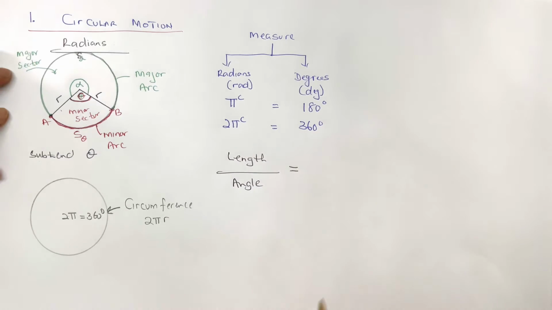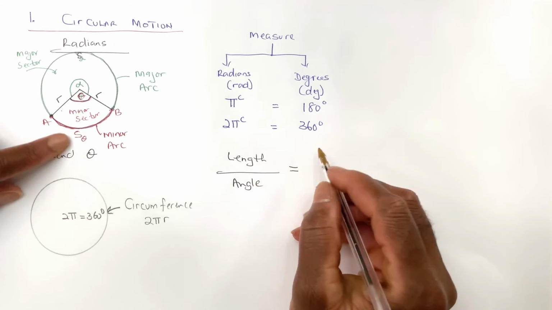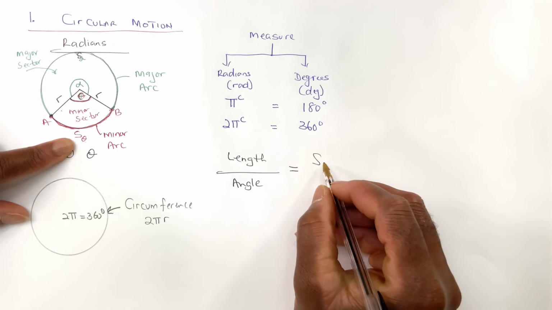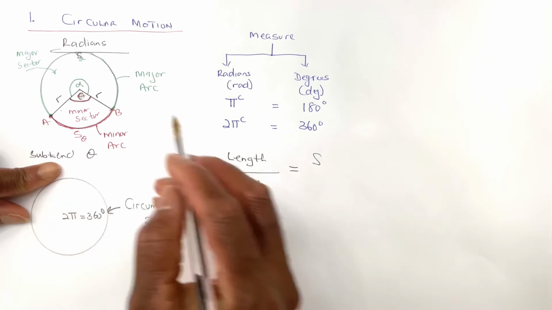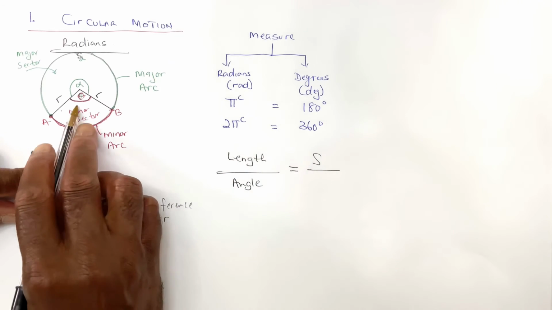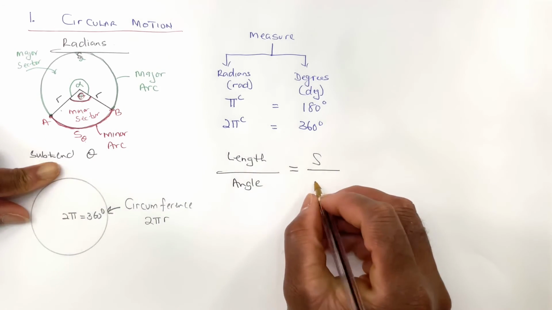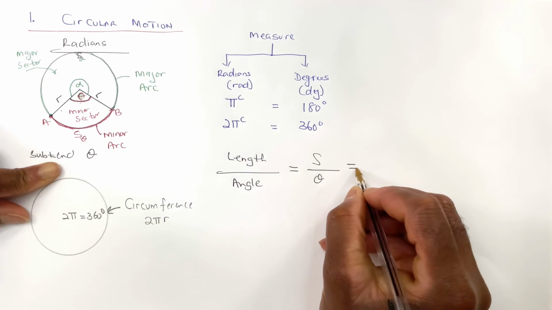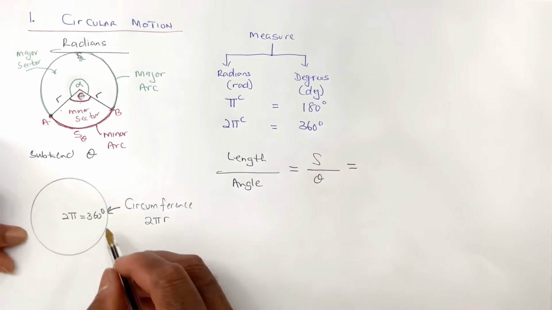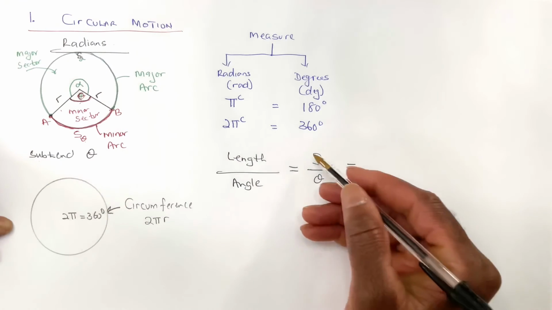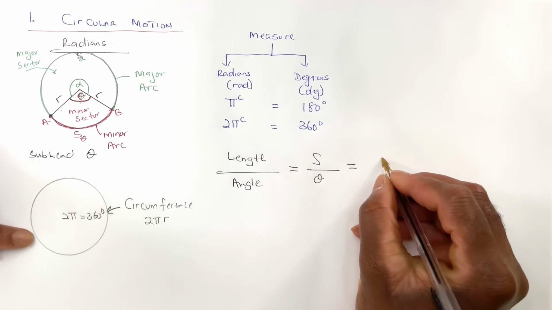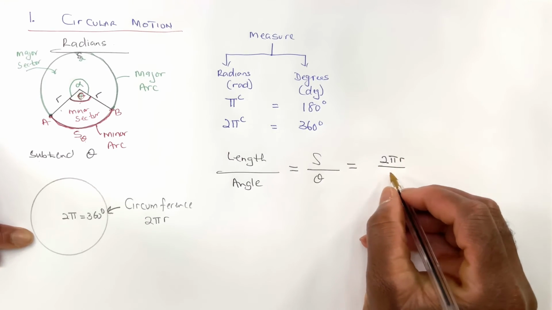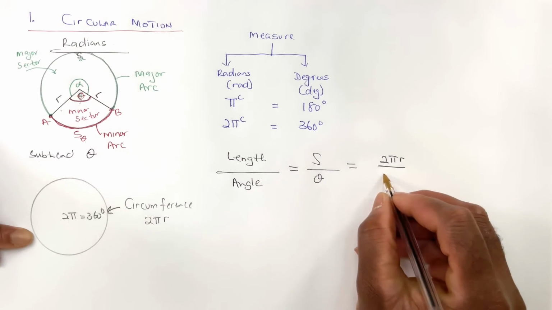And the arc length here, let's call that S theta. So that will be S, the arc length from A to B, divided by the angle subtended by the arc length, which is theta. And that should be equal to the circumference of a circle divided by the angle of a circle, so that is 2 pi r divided by 2 pi.